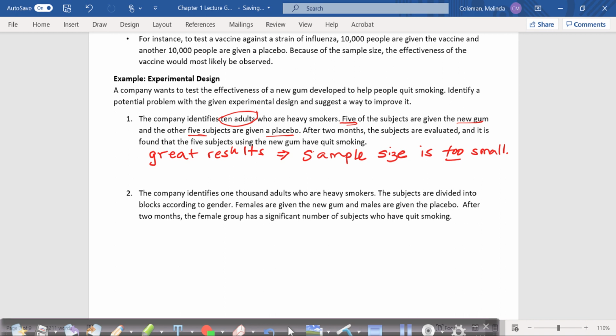One way to help predict this would be to increase the sample size and also then replicate the experiment again and see whether or not you get the same results. And that should help improve your validity. So we're going to replicate to improve validity.